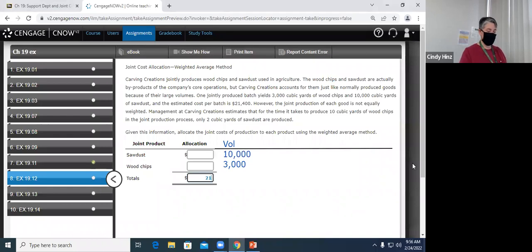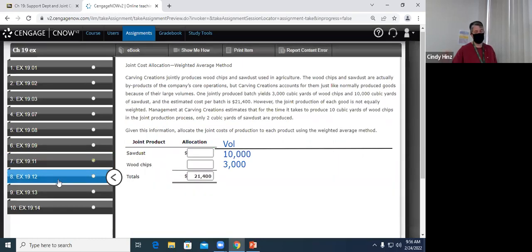So at the end of the problem, the end of this exercise, we want to be allocating that $21,400. So we're going to be splitting that between sawdust and wood chips. If we just use, and now I can't think what we called it in the last exercise, the direct method.